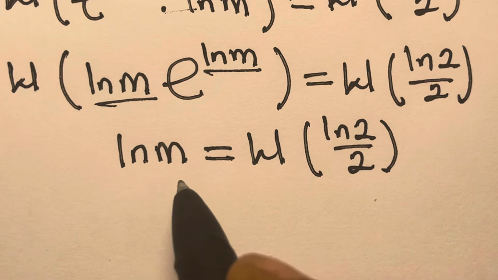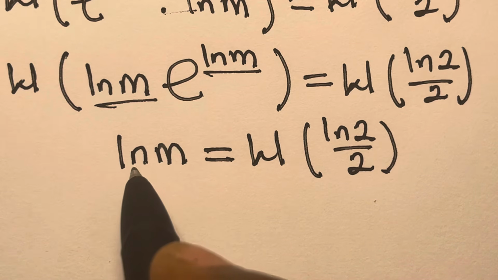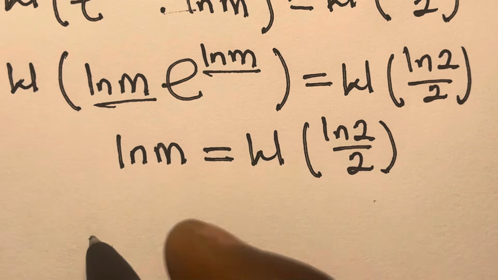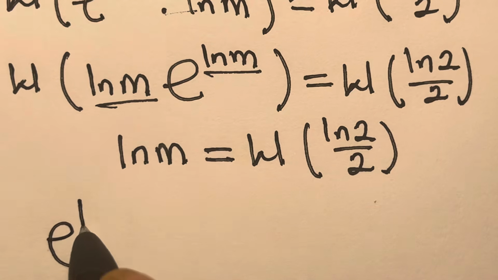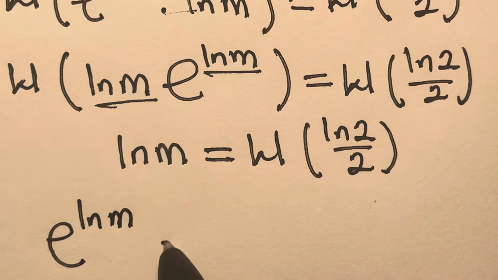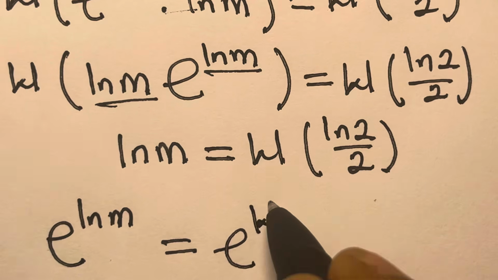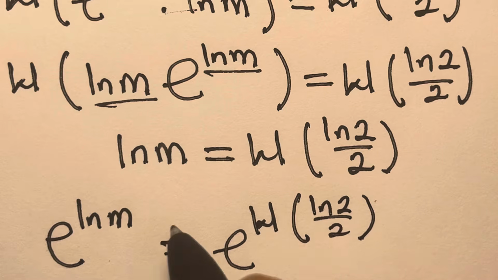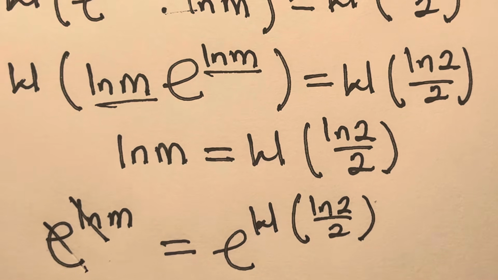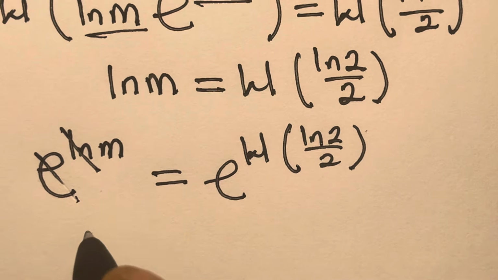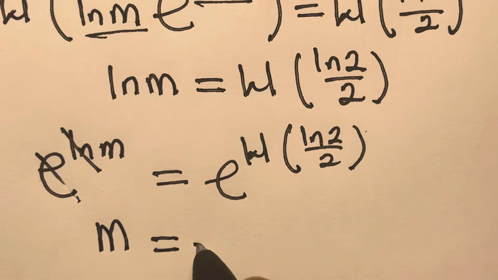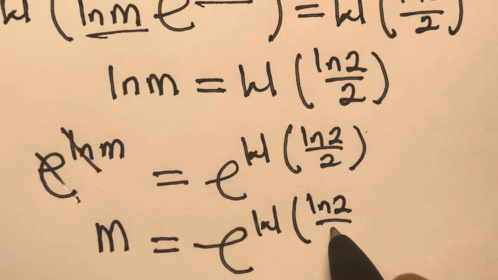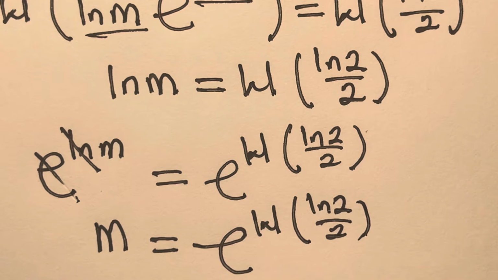So we want to obtain our m, so we have a ln here. To cancel this ln, we introduce exponent to both sides. So we'll have exponential ln m equals exponential of the Lambert function of ln 2 divided by 2. So we will have m equals exponential of the Lambert function of ln 2 divided by 2, right?